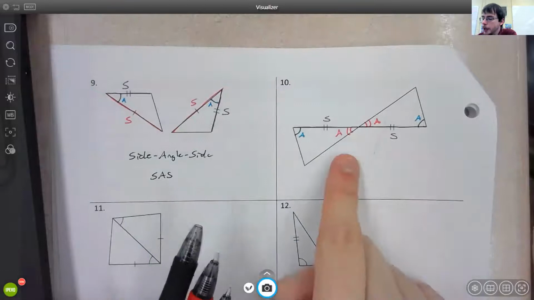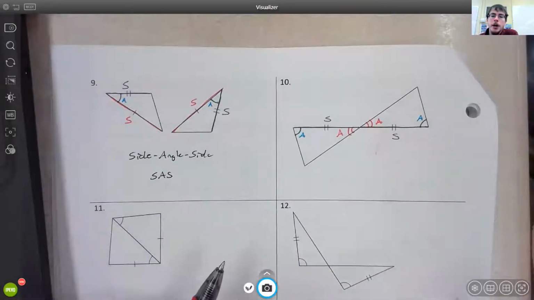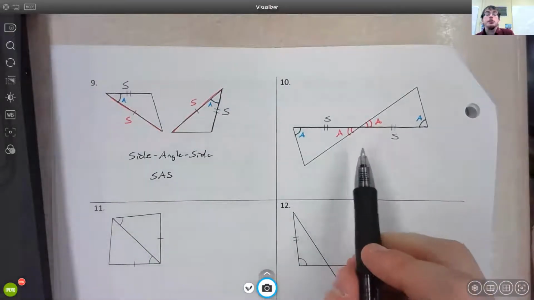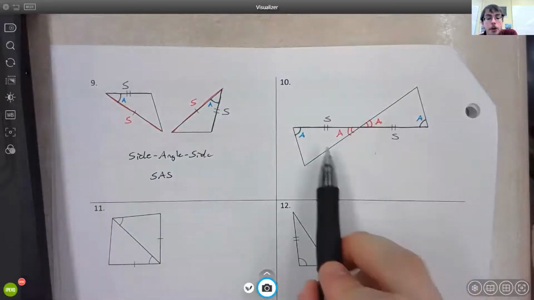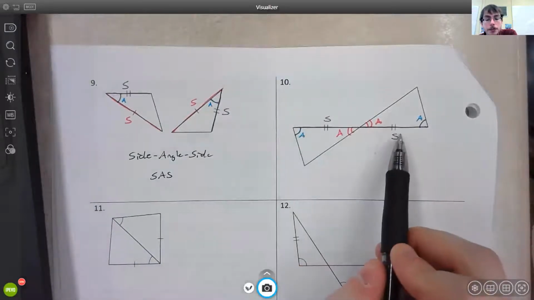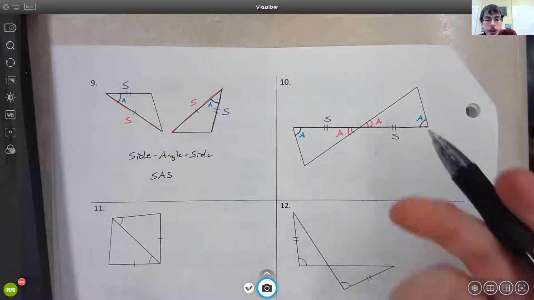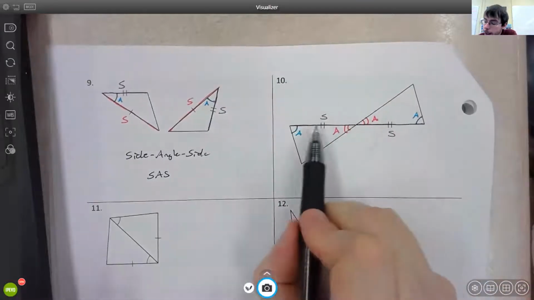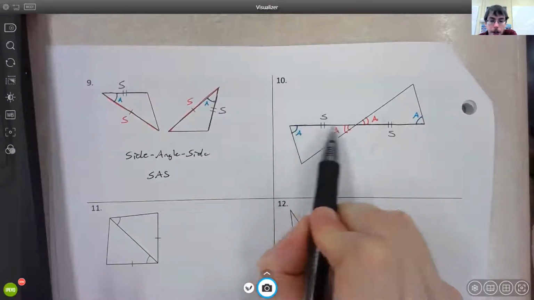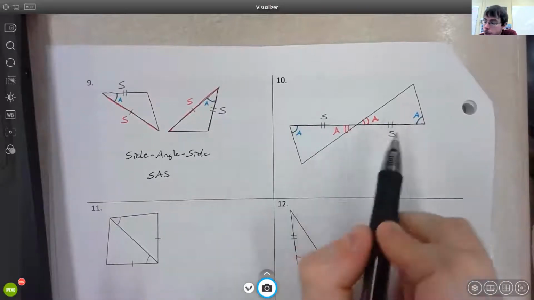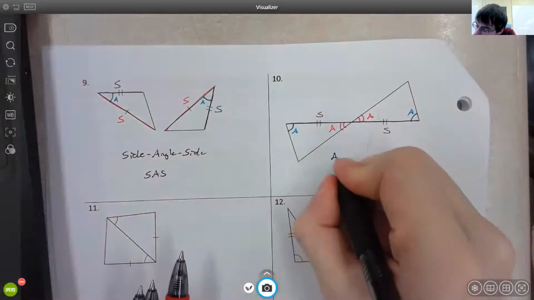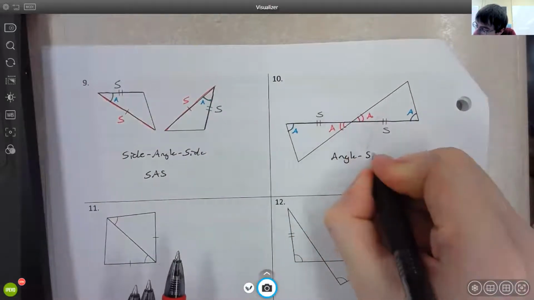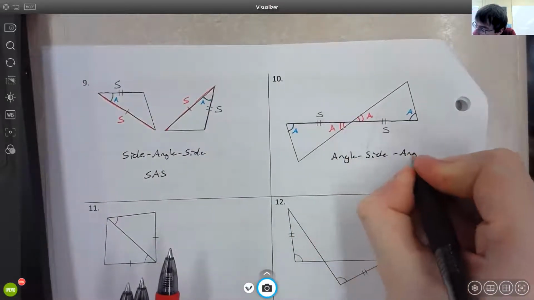So we have two pairs of congruent angles and one pair of congruent sides. Are the sides in between or not in between? Well, if we look at our diagram, we see that the side touches both of the angles on both of them, so that means it's in between. So we're dealing with angle, side, angle here.